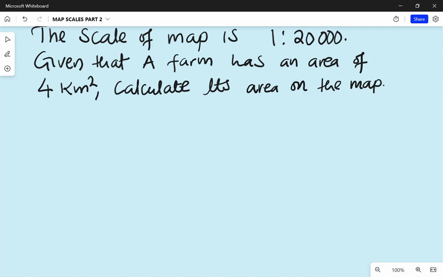Given that a farm has an area of 4 kilometers squared, this simply means in reality this farm covers a piece of land of 4 kilometers squared. Now let's find its area on the map. So solution.